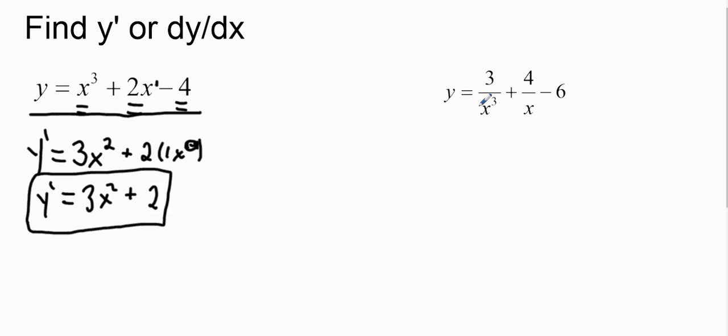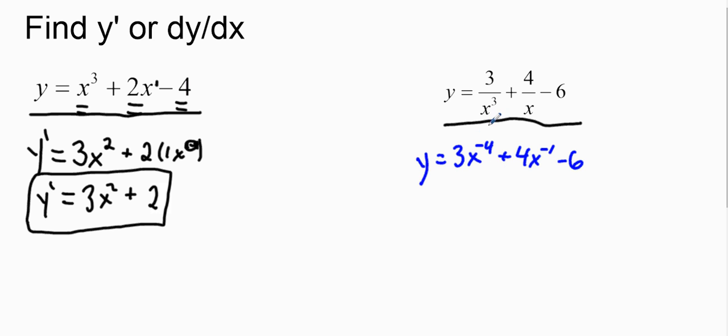Well, we also have probably this. You might look at these and say, that doesn't look like a power function. Well, if we change this around, we can write y as 3 times x to the negative 4th power, using a little algebra, and then 4 times x to the negative 1st, and then we'll just keep minus 6 right there.